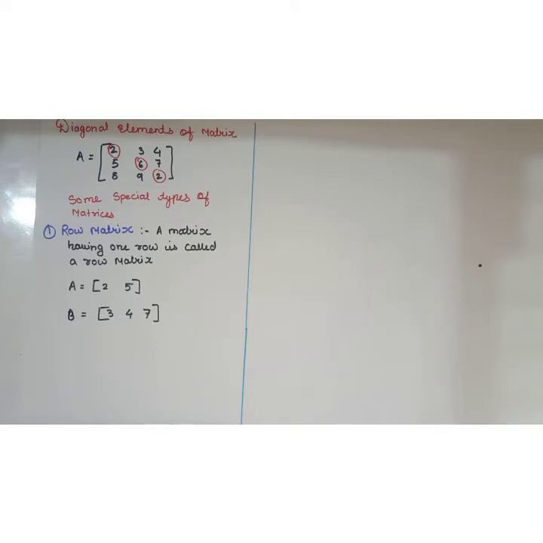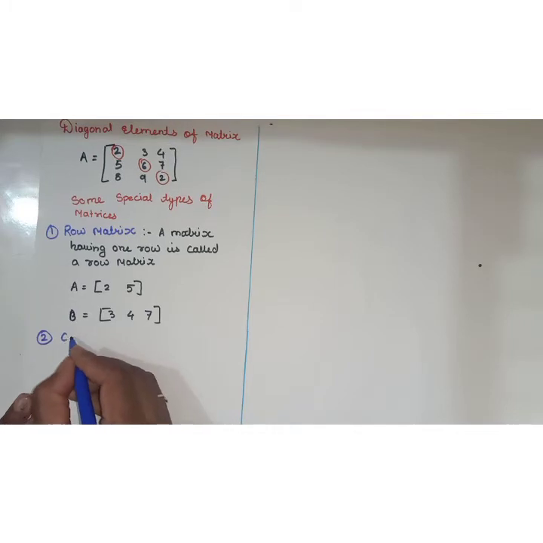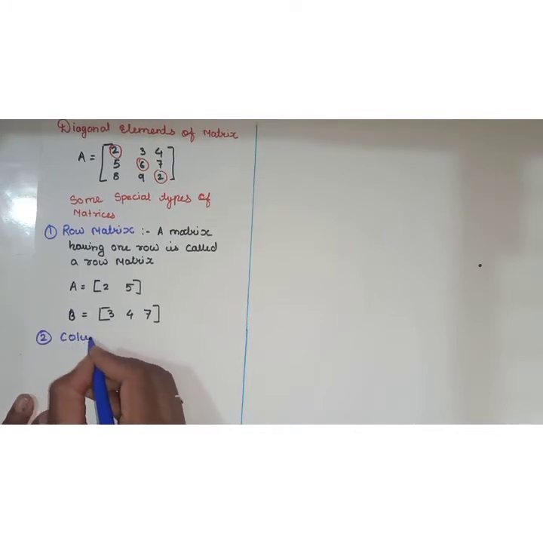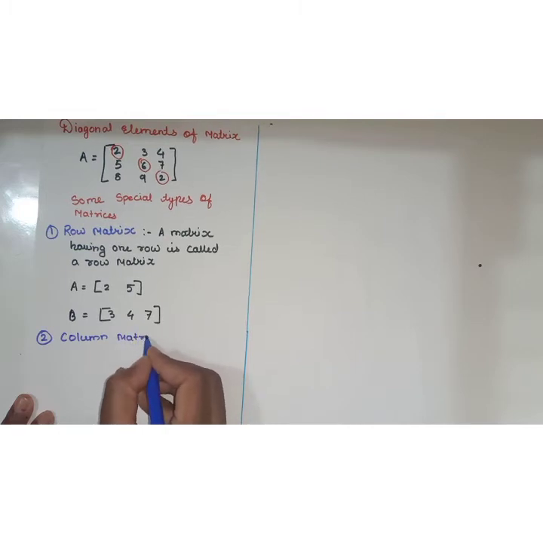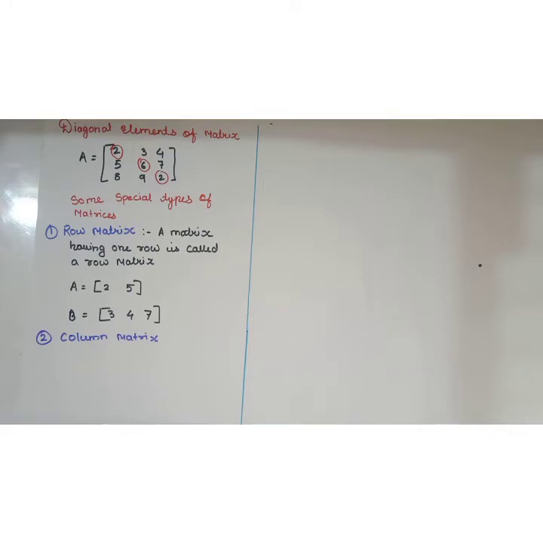Then the second one is the column matrix. Same way, a matrix having one column is called a column matrix. If a matrix has just one column, then we call it a column matrix.